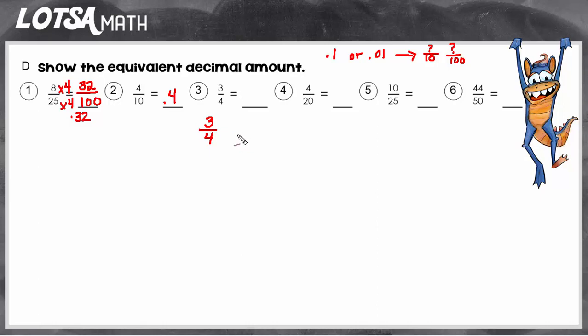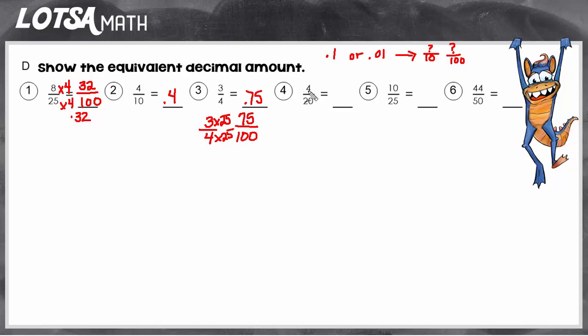So I'm going to have to go to 100, and I know that 4 times 25 is 100. If I do it to the top, I need to do 3 times 25, and that would make 75 hundredths. And that's how I have the decimal, 0.75, 75 hundredths.